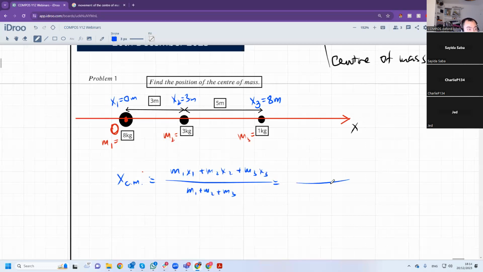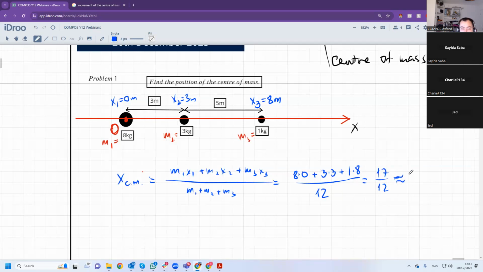The total mass is 12, and the numerator is 8 multiplied by 0 plus 3 multiplied by 3 plus 1 multiplied by 8. So that's 9 plus 8, that's 17, over 12.